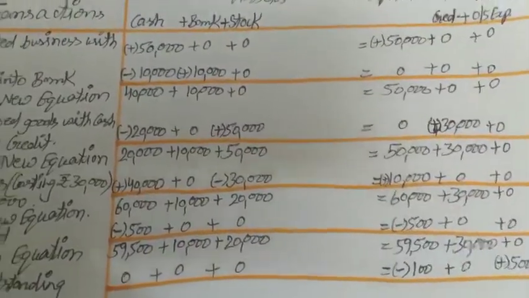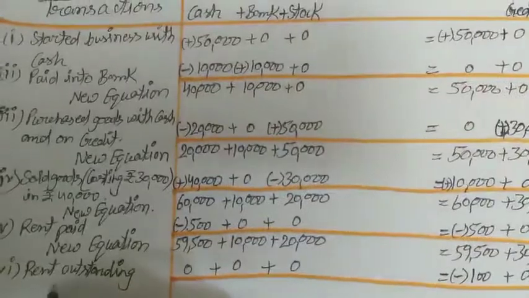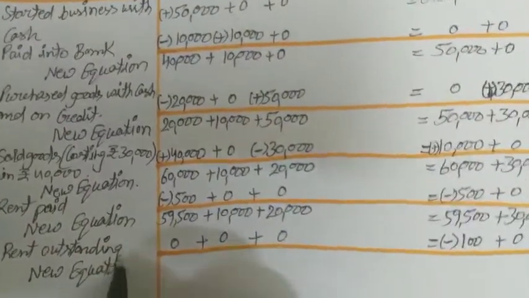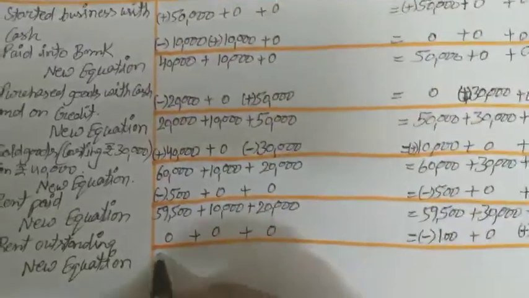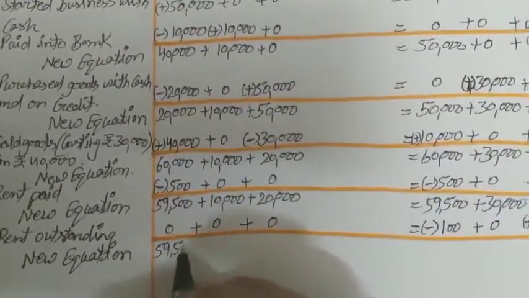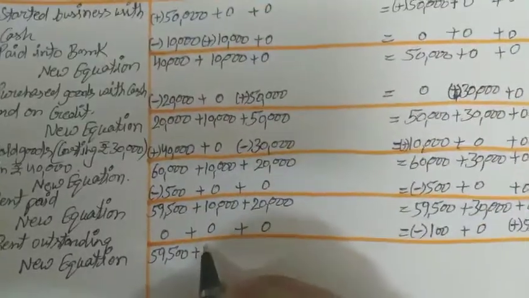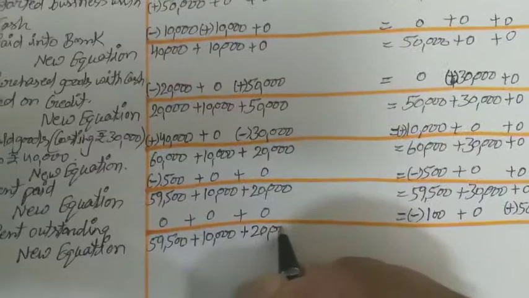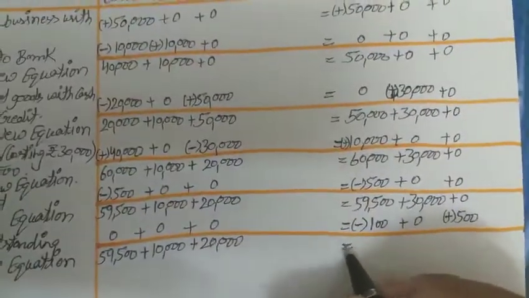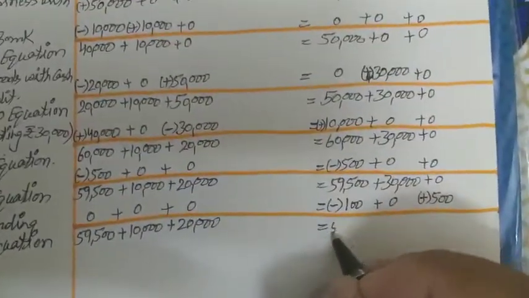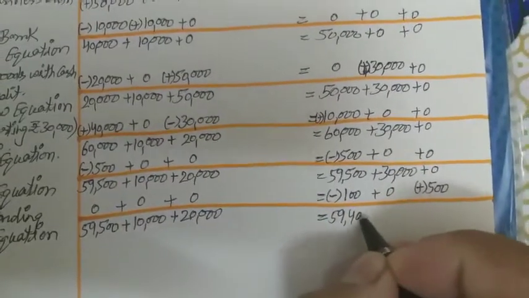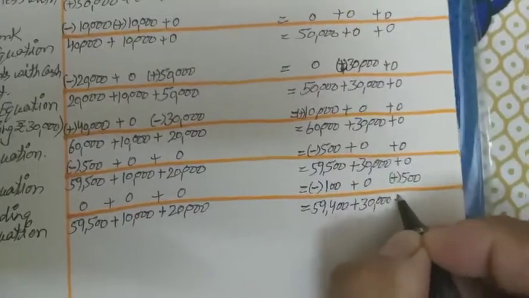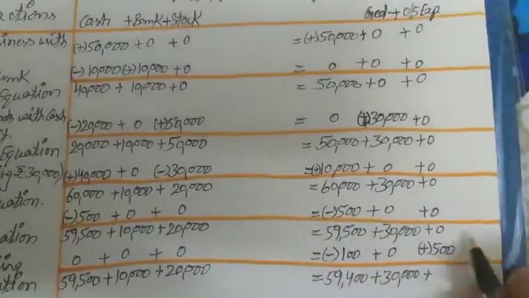Once again, a new equation: 59,500 plus 10,000 plus 20,000 minus 100, 59,400 plus creditor equal to 30,000 and a new head of rupees 100.